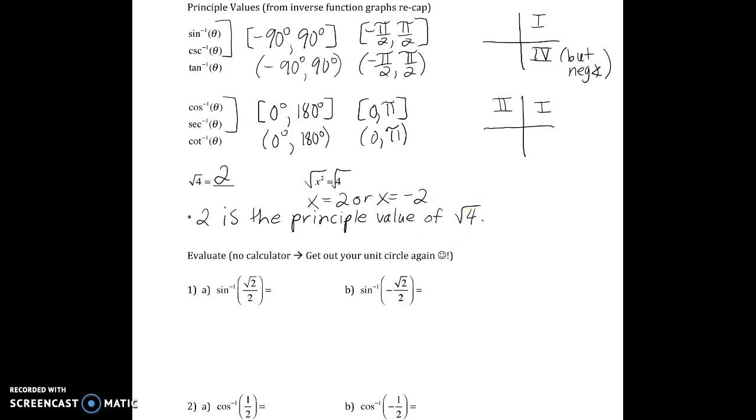And inverse trig functions are going to have a similar result. If you're finding the inverse, you're just going to give that principal value.